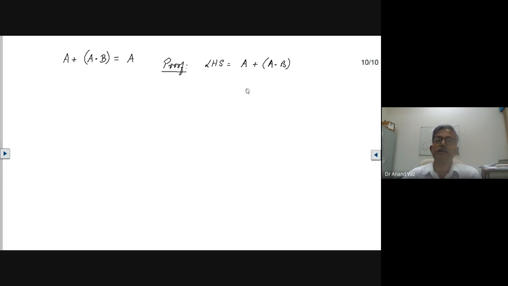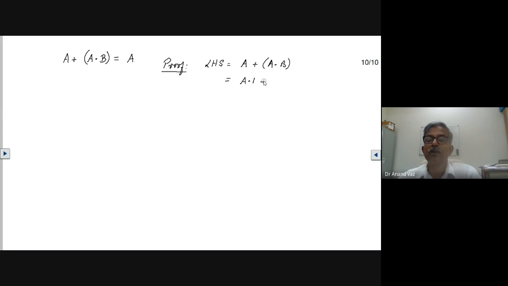Okay. And this is equal to, you can write A as A and 1. You may recall that A and 1 is A. We have already done it some time back, just in the previous slide.